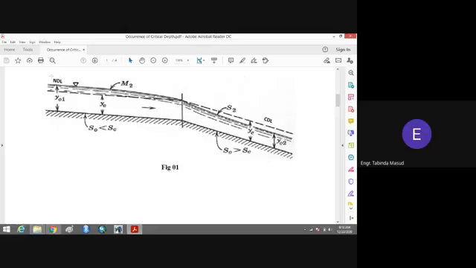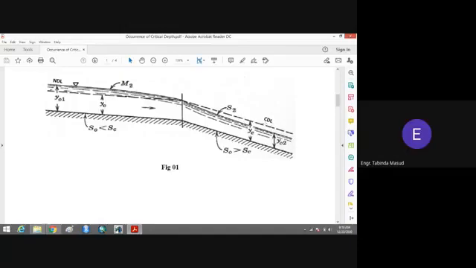You can see that this NDL, the normal depth line, shows you that this is the actual flow on the mild slope. This is the actual depth of the flow, that is y01. And here also this solid line is the normal depth line, while this dotted line is denoted by CDL, that is the critical depth line.